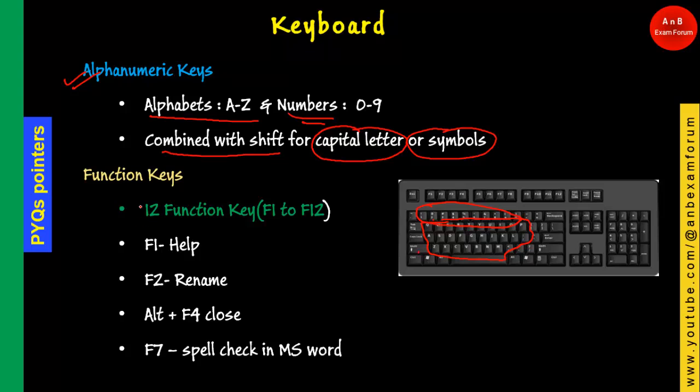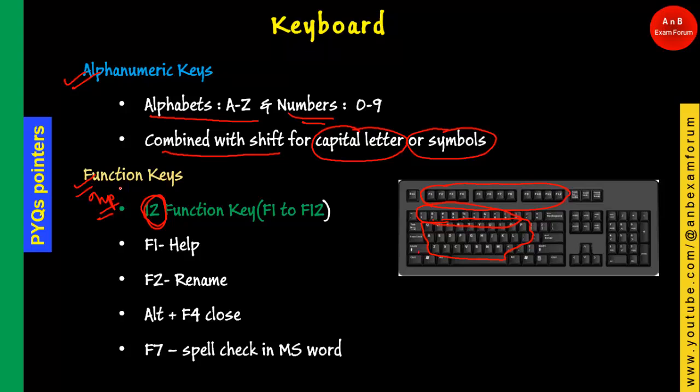Let's see the next keys, the function keys. This is very important, students, and in the exam they will ask you how many function keys are there. Remember, there are 12 function keys, and as you can see, these are on the top, F1 to F12. As the word suggests, these are function keys.